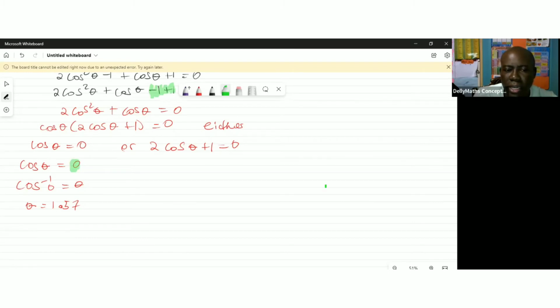So if we view the quadrants, we have quadrant 1, quadrant 2, quadrant 3, and quadrant 4.